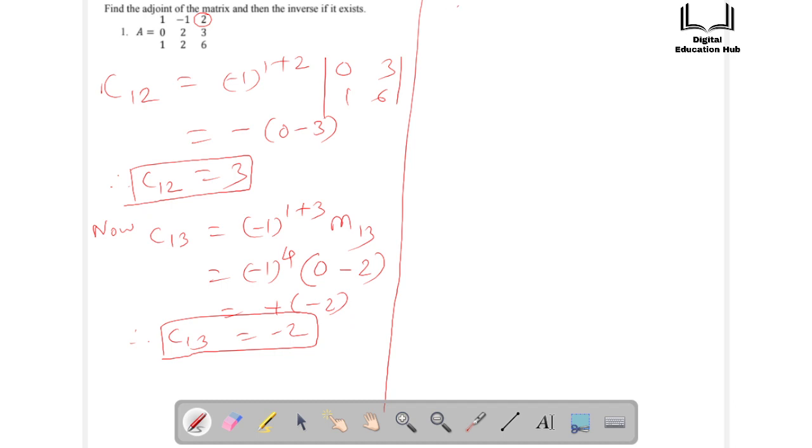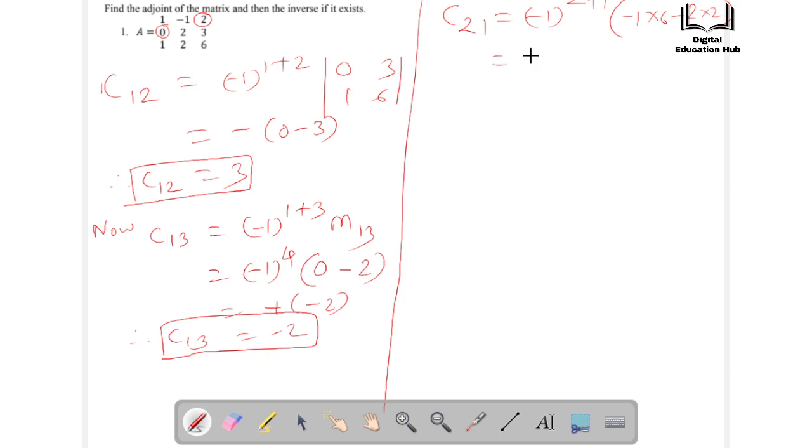Similarly, we can find out C21, which is nothing but minus 1 raised to 2 plus 1 with its minor, so for this element, minus 1 into 6 minus 2 into 2.